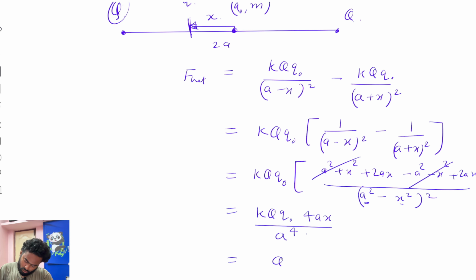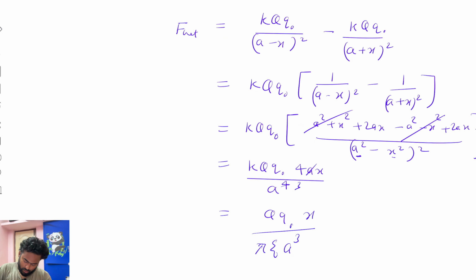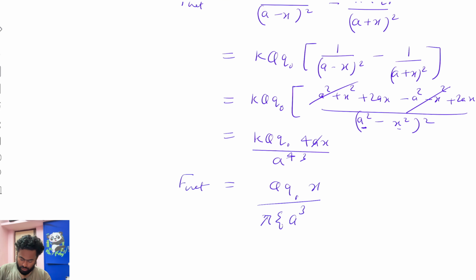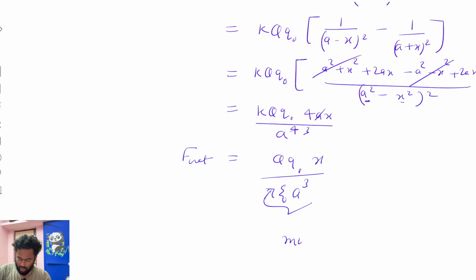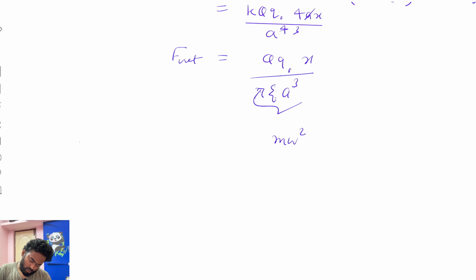Q naught, a will cancel with a, and 4 will cancel with the 4 in the denominator, giving q naught x upon pi epsilon naught a cube. This is our net force. Equating this net force with what? m omega square x.